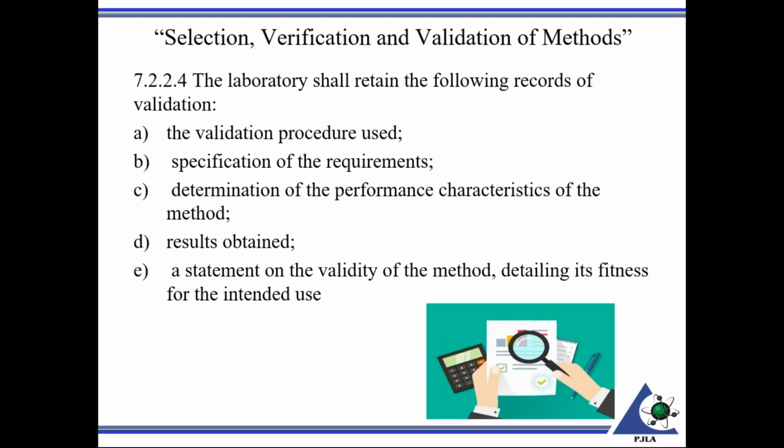That would include A, the validation procedure used, B, the specification of the requirements, C, determination of the performance characteristics of the method, D, the results that the validation outputted. And last but not least, E, a statement on the validity of the method detailing its fitness for the intended use.